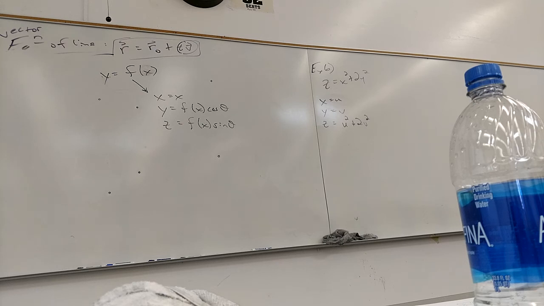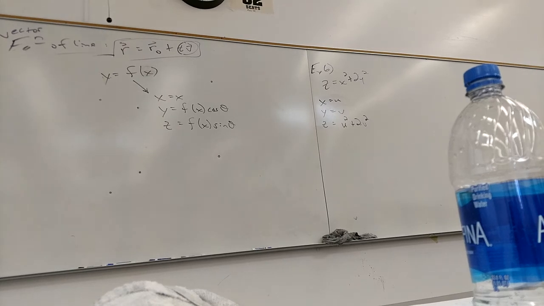So in this case, u is x and v is theta. You see how those two would be the parameters here. And then the last one, z, would be sine u times sine v. Does it match up yet? There you go. So you just get the sine function rotated.